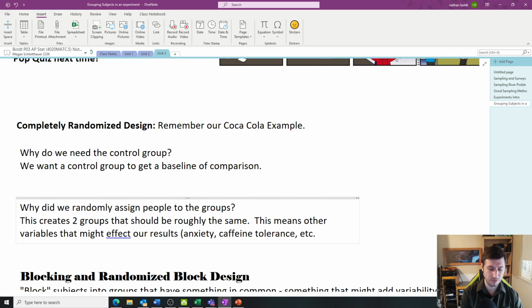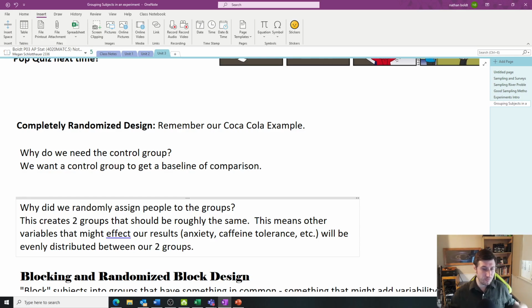All of those will be evenly distributed between our two groups. And so if our two groups are roughly the same, then we are hopefully mostly measuring just the difference the caffeine is making.